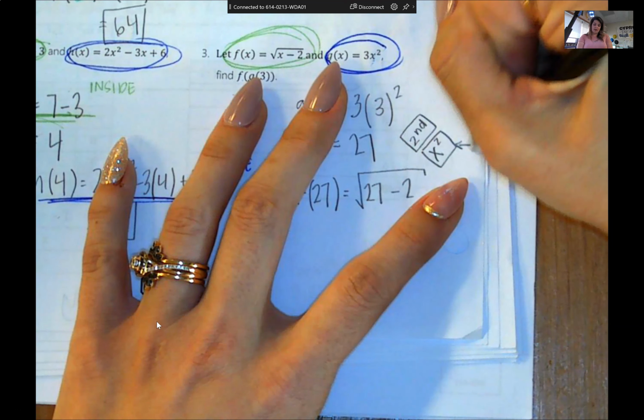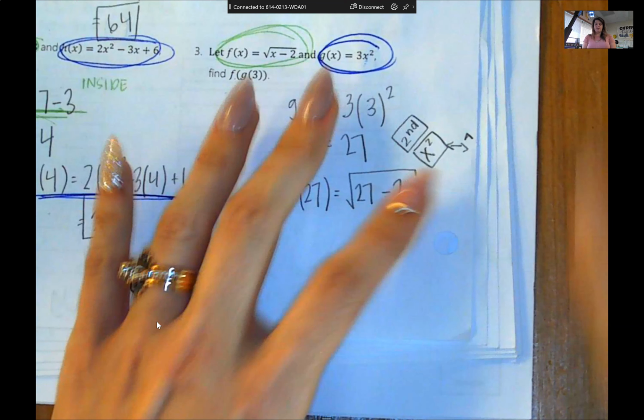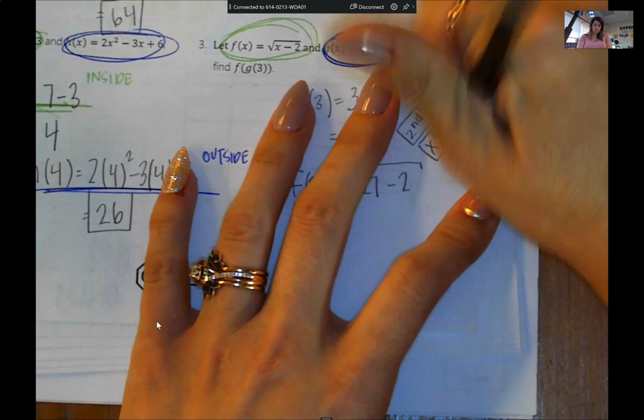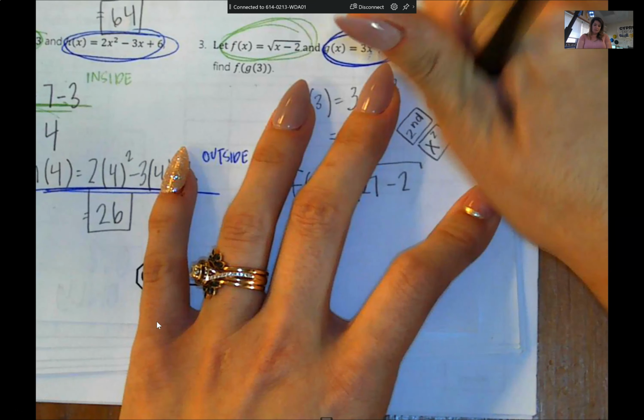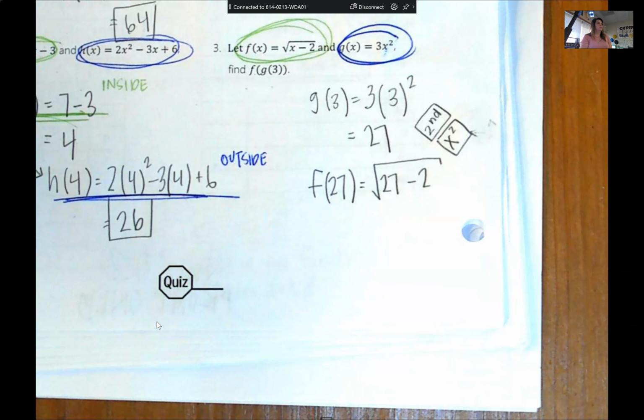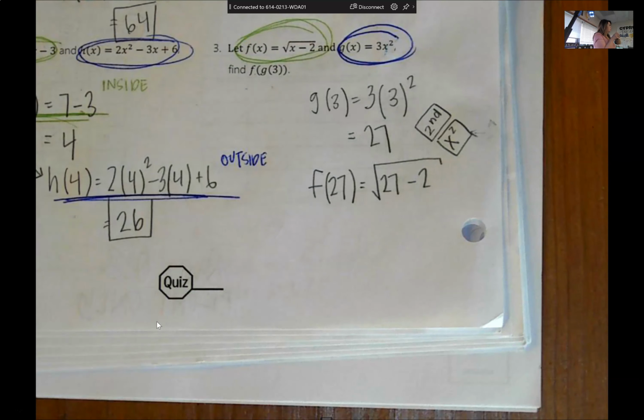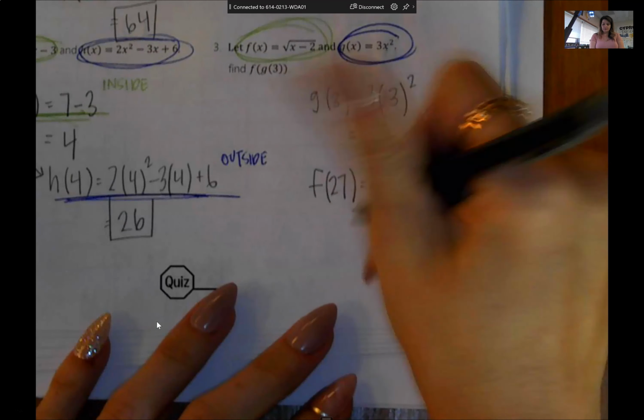Remember, the x squared is kitty corner to the 7. So if you want to get the root, it's blue button, x squared button. You plug in 27 minus 2. What do you get? 5. Are you sure?